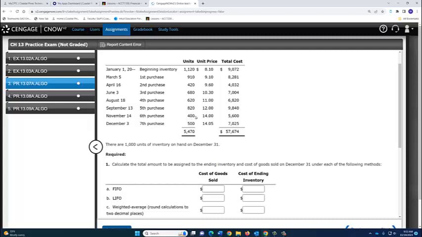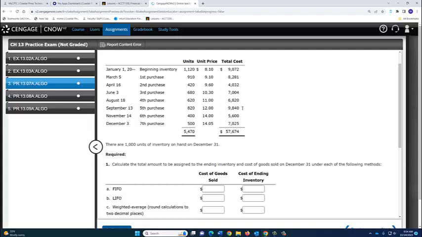So 400 units at $14 is $5,600. Now of this fifth purchase, 720 got sold, and we only needed 100 of those in the ending inventory to make our 1,000. So 100 times 12 is $1,200.